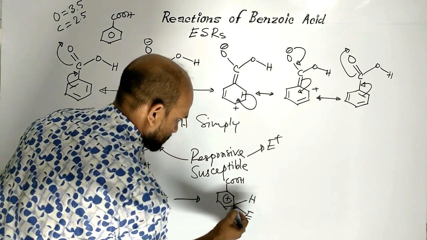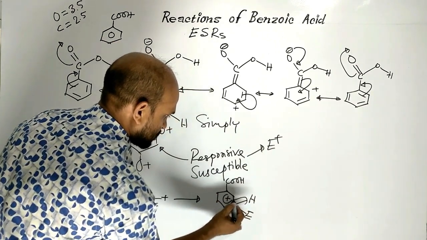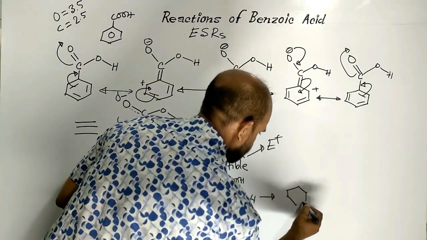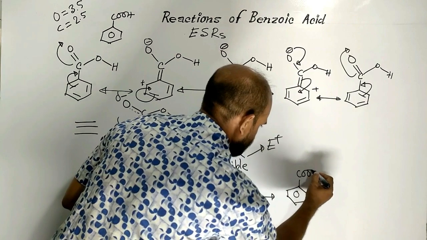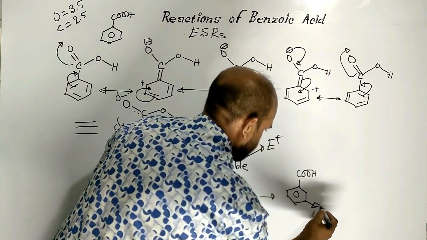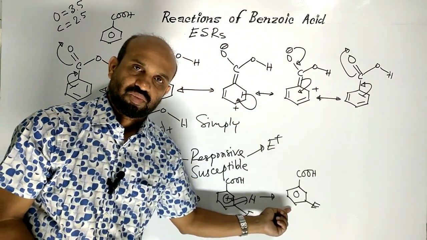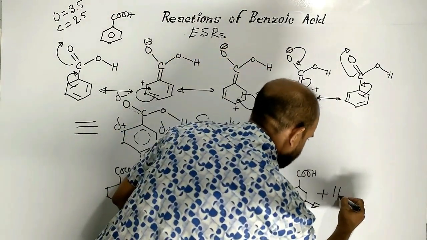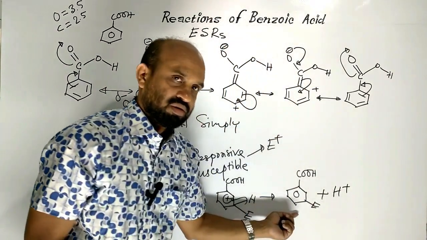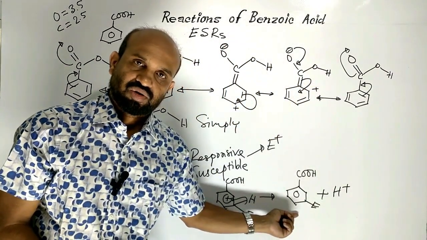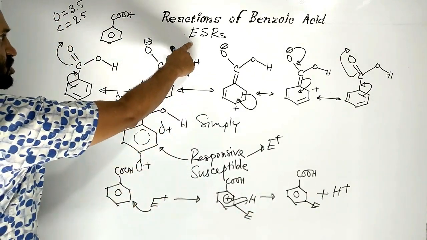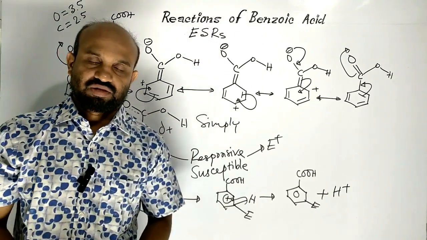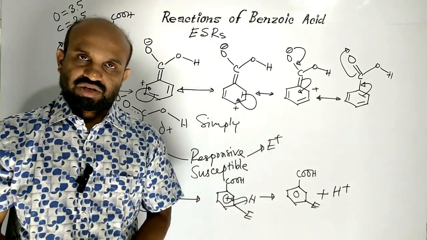Because of this positive charge, this carbon hydrogen bonding electrons move here, and as a result, meta substituted product is obtained, and this hydrogen gets freed as electrophile. That is, electrophilic substitution occurs. In this lesson, we are going to learn electrophilic substitution reactions of benzoic acid. Now let us see some reactions.